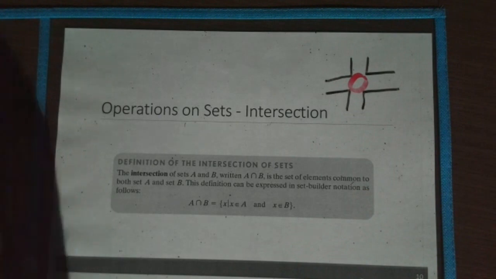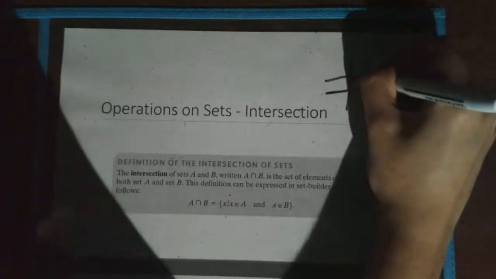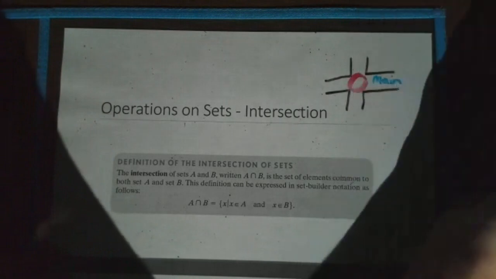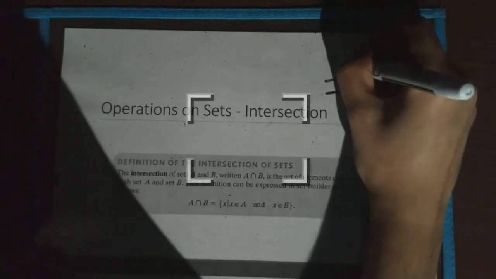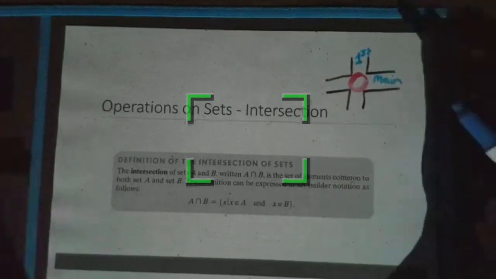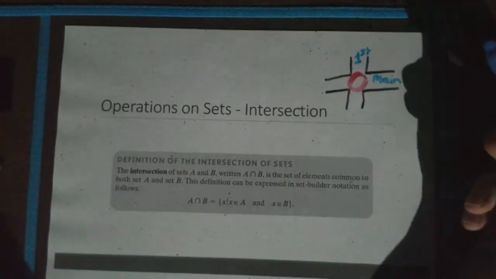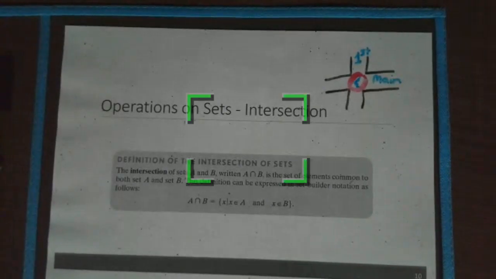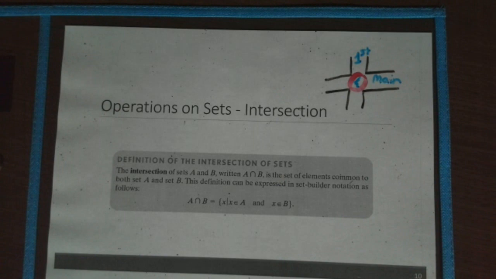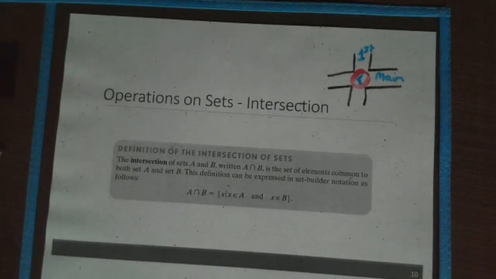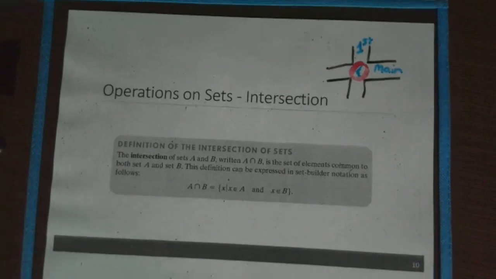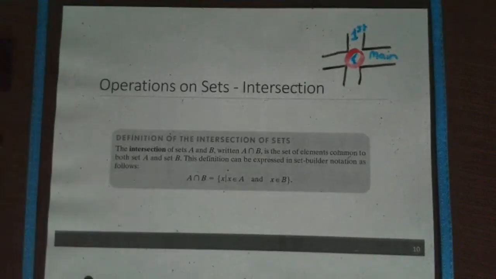Well, if this horizontal road is Main Street and the vertical road is First Street, then if I'm in the intersection in here, am I on First Street or am I on Main Street? Well, I'm on both. I'm on First Street and I'm on Main Street. So what intersection means is and.